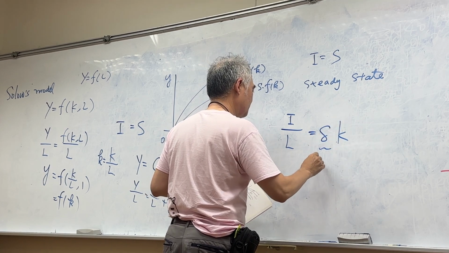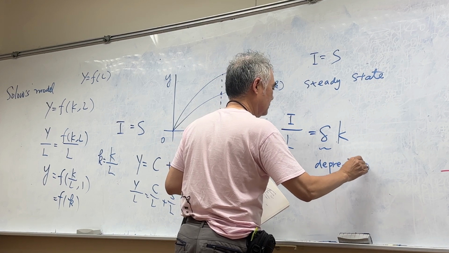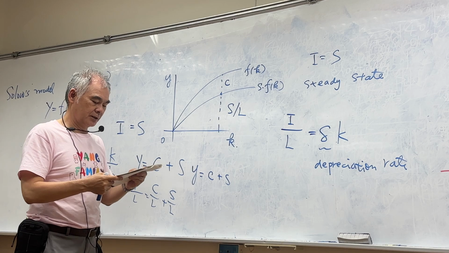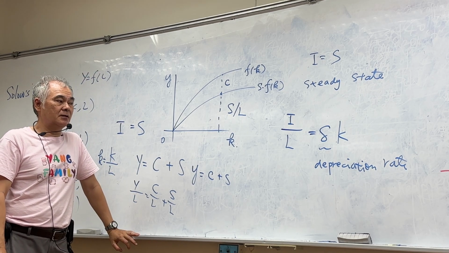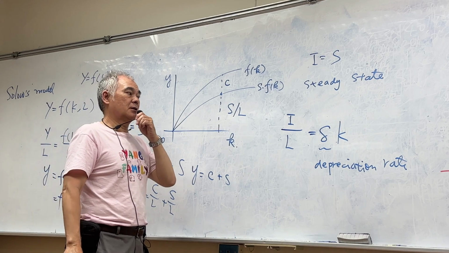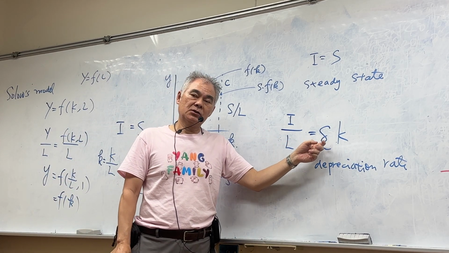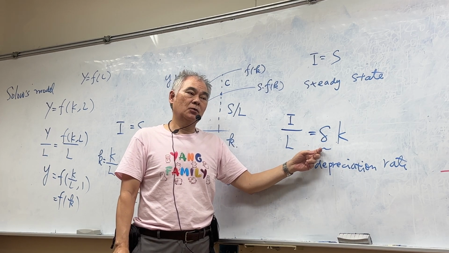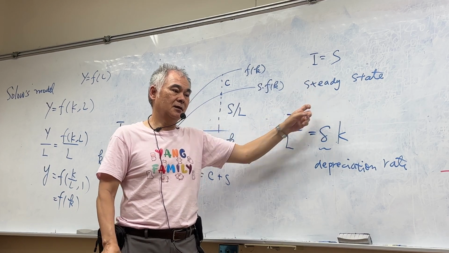What is delta? The depreciation rate. So what does that mean? If every year our investment can make up for the loss in equipment, in machinery, we will be in the same situation: steady state.